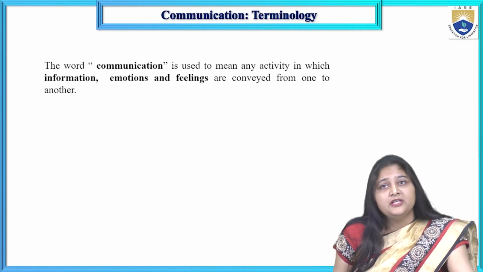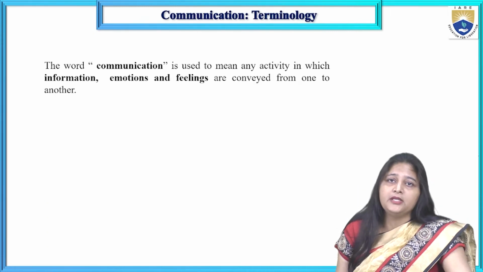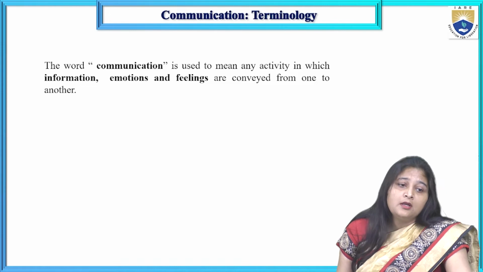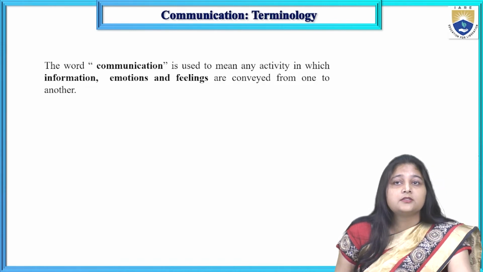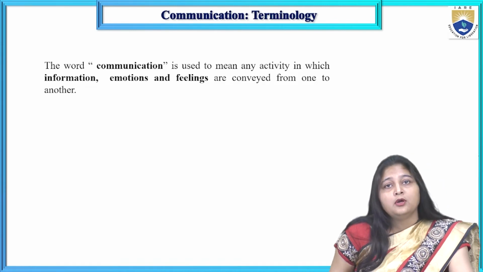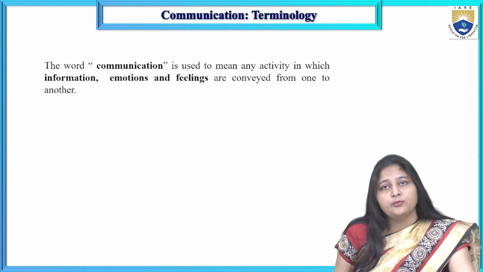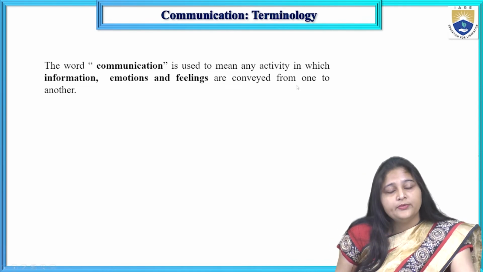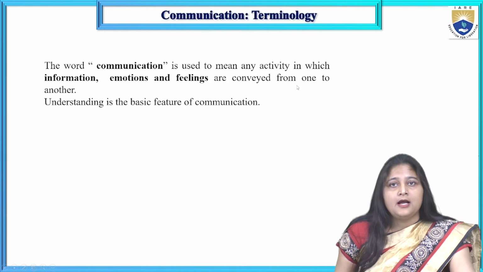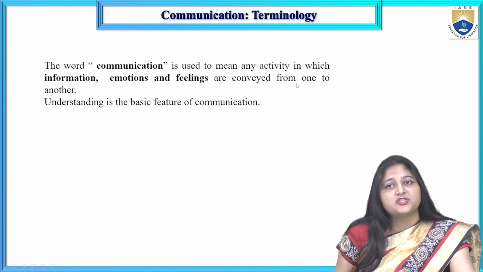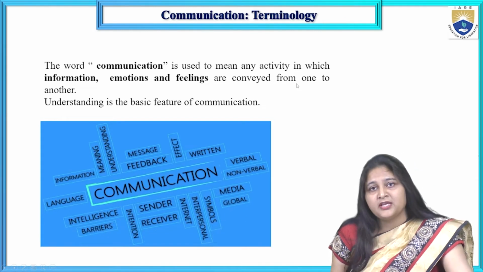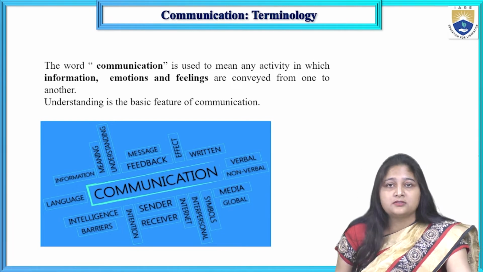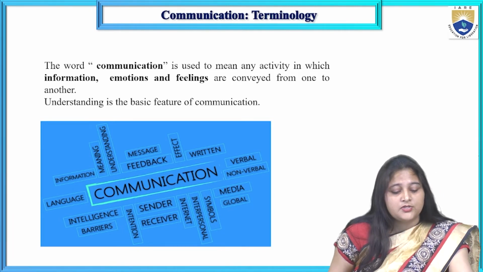Next, when we look at the terminology, the term communication is used to transmit your information, emotions, and feelings from one person to another person. And understanding is the basic feature of communication.